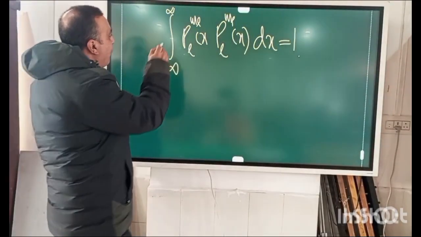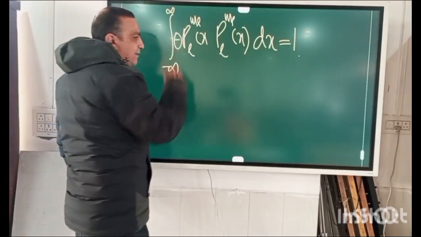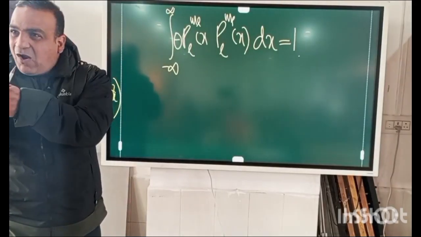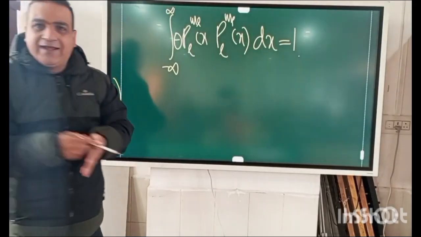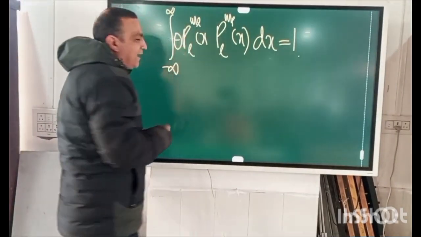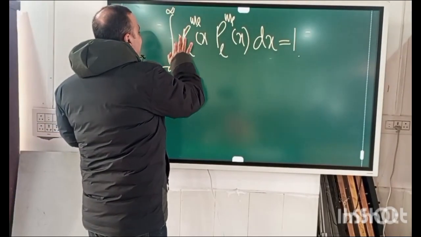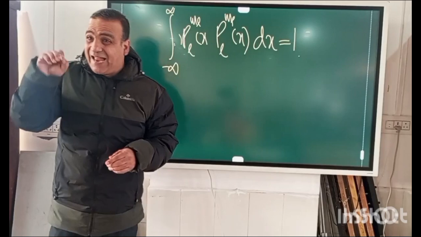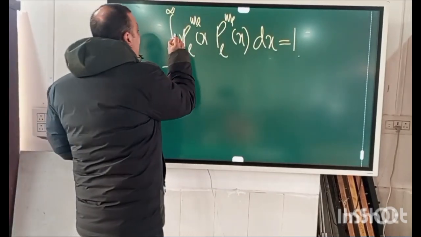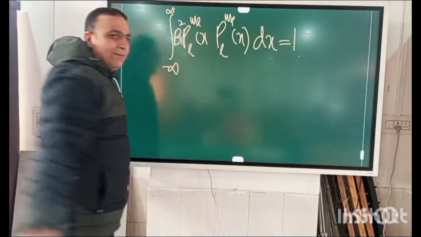I think I should have put Θ and Θ star. That will give me Θ squared. Here I don't have Θ, I have B. Remember what is Θ? Θ is B times P, right? So here I have B squared. Am I right?